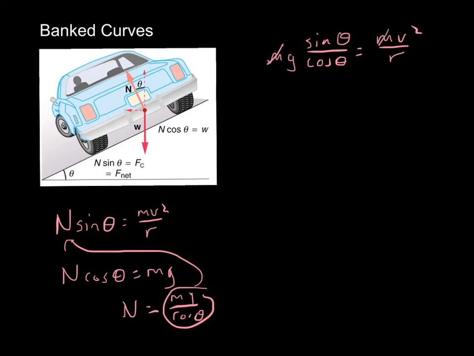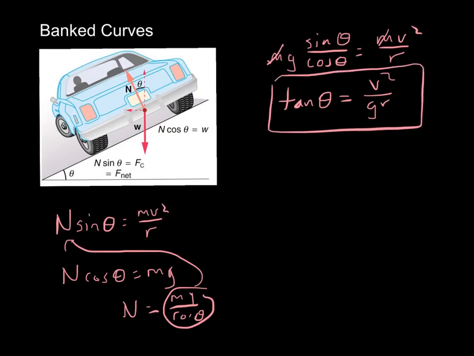Well, our masses are going to cancel out, and sine theta over cosine theta is tangent. So tangent theta, if we move our g to the other side, would be v squared over gr. And so that's how you can figure out what angle you need to make a certain turn at a certain speed if you don't have any friction. So this is a nice, useful equation to have here.